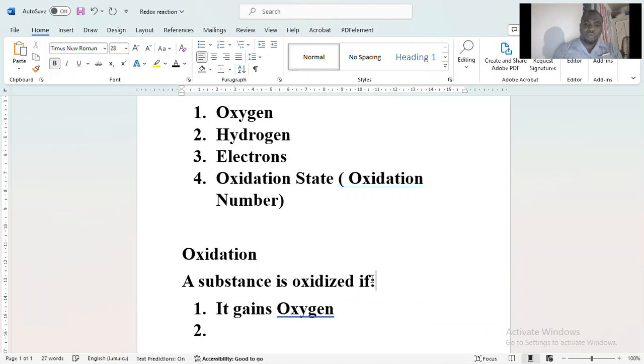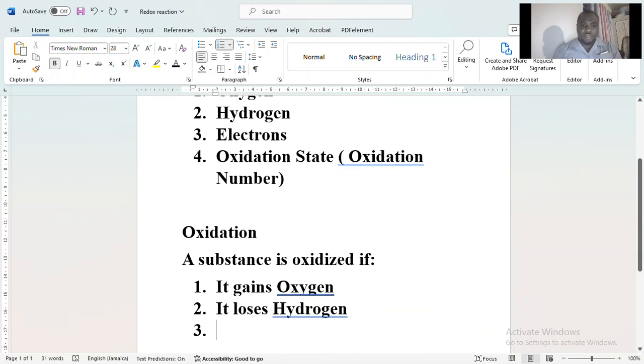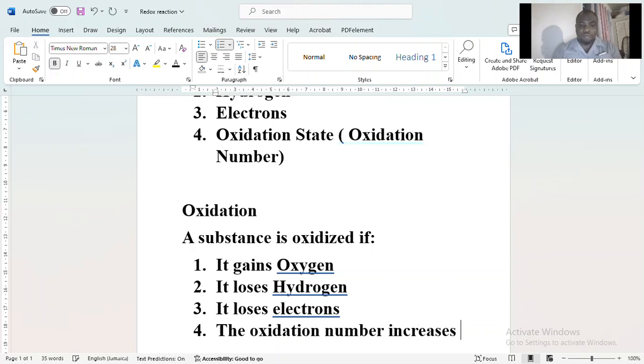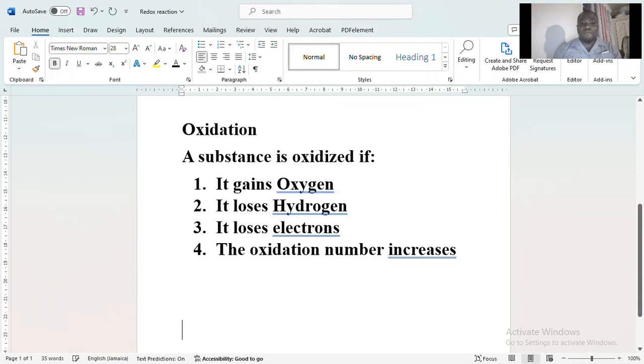Two, if it loses hydrogen. Three, if it loses electrons. And four, if the oxidation number increases. So those are the four ways.